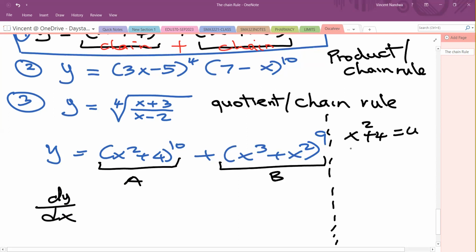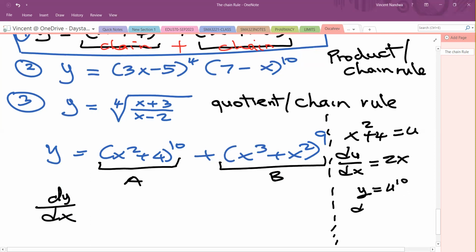Which means du dx is 2x, okay? Then if you just consider the part A alone, it's like we have y is the same as u power 10, okay?